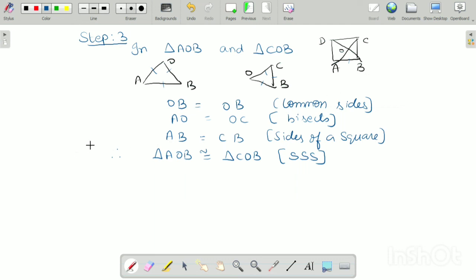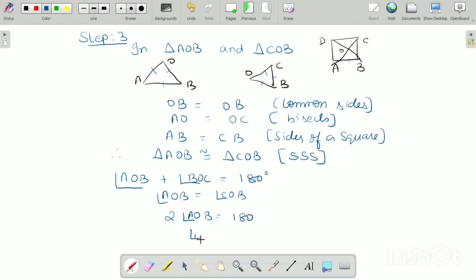From this we came to know that it's a linear pair. AC, we get a linear pair. That is, angle AOB plus angle BOC is equal to 180 degree. Already we have that angle AOB is equal to angle COB. That means 2 times angle AOB is equal to 180 degree. That is, angle AOB equal to 90 degree.